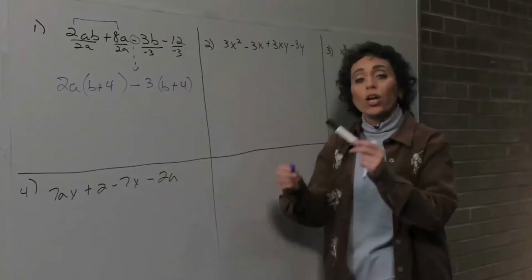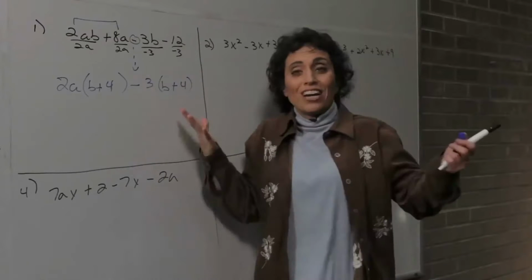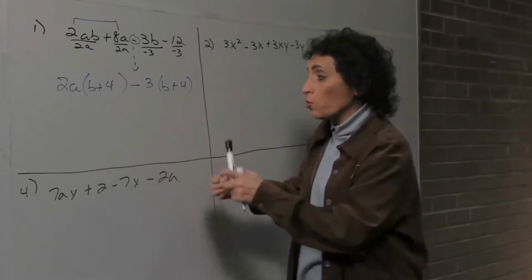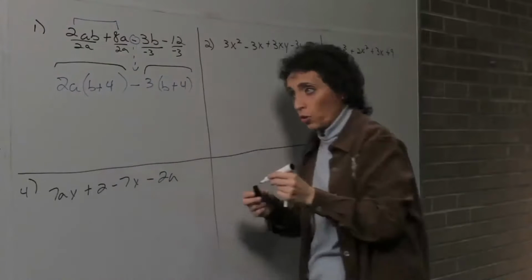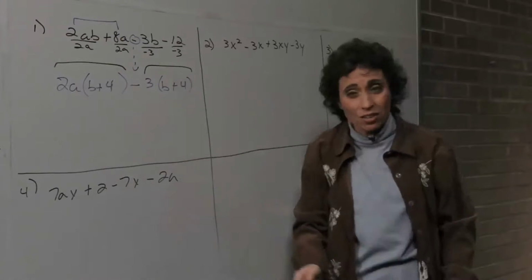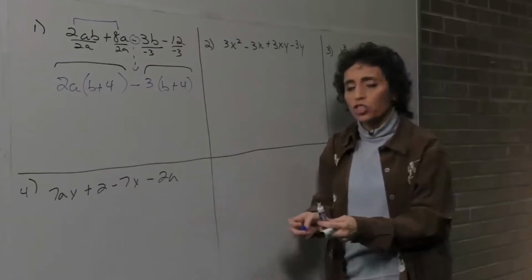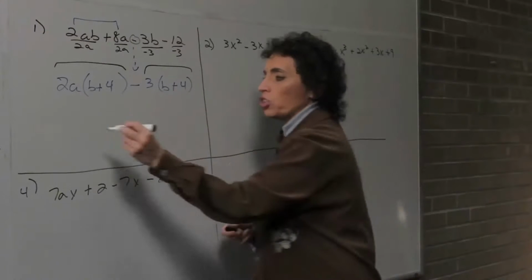Now, we are not done for 2 very good reasons. The biggest reason right now is that we're not even factored, because we have terms, because of that minus sign. So this is a term, and this is a term. Now what we need to do is look for a GCF again if they have one. Well, they do. The b plus 4 is my GCF.